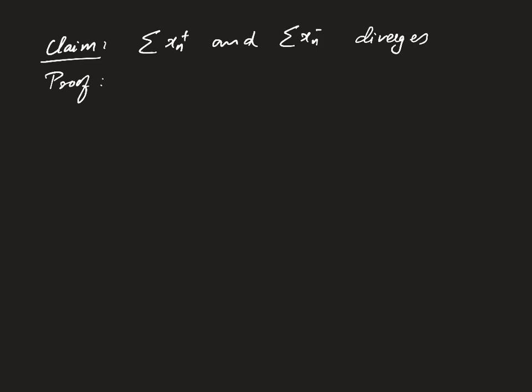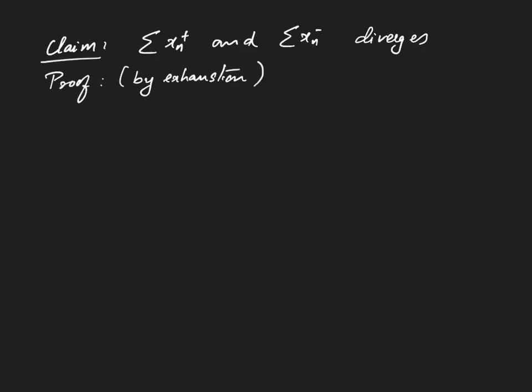We claim that both the series Σxn⁺ and Σxn⁻ diverge. How do we prove this? The basic proof strategy is proof by exhaustion.